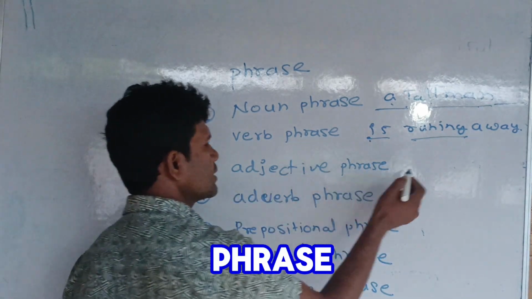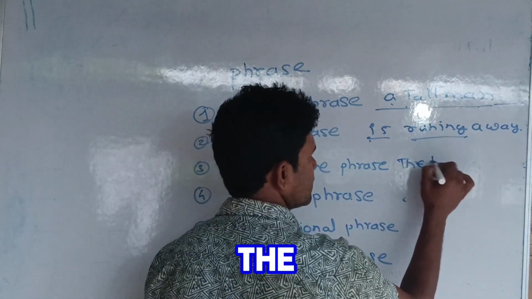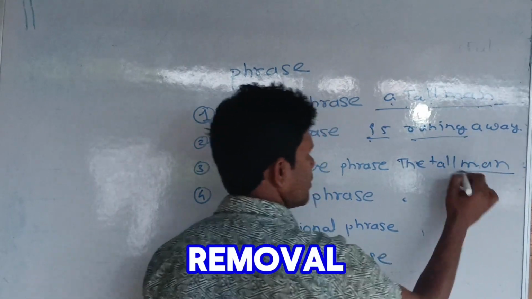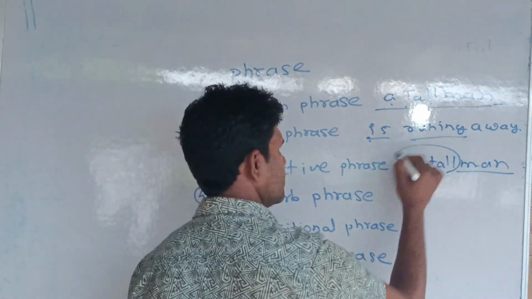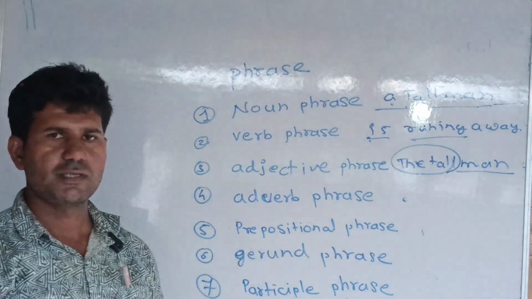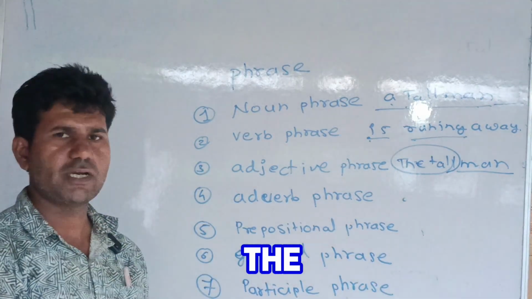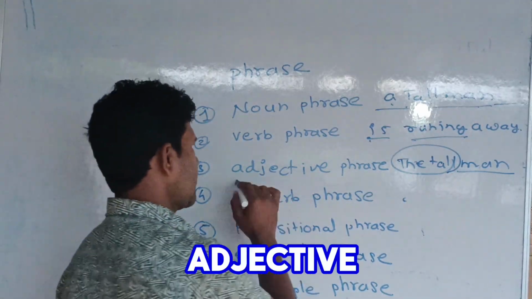Then adjective phrase. The tall man, the tall man. Remove man, and the tall is what we have left. If we remove the noun or pronoun from the noun phrase, we get an adjective phrase.